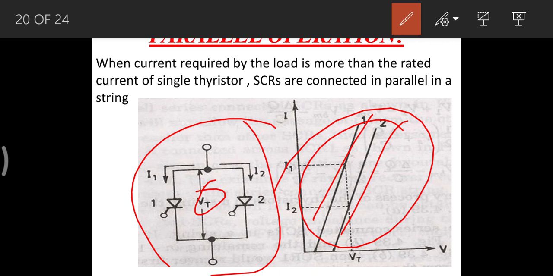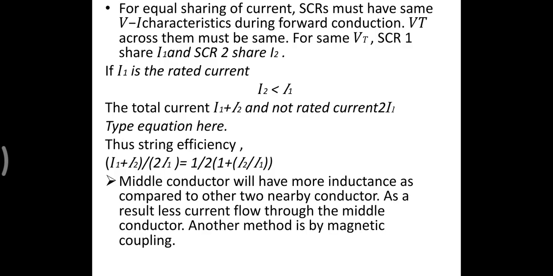Even though we apply the same voltage across the two SCRs, thyristor 1 carries current I1 and thyristor 2 carries current I2. This happens because of the VI characteristics. That means there are some leakage currents.